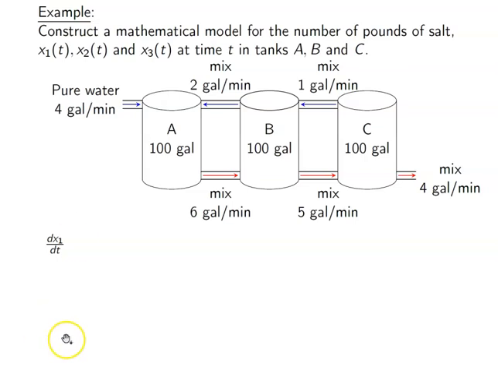In this hour and 20 minutes that we've done so far, we've only talked about differential equations, not solving yet. So the rate of change of x1 at time t, what does that mean? That means it's the number of pounds of salt. So how is the amount of salt changing in tank A as time goes on?